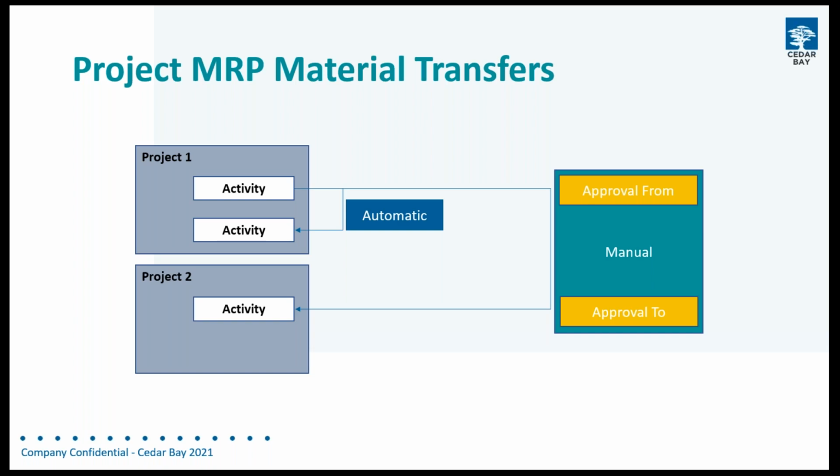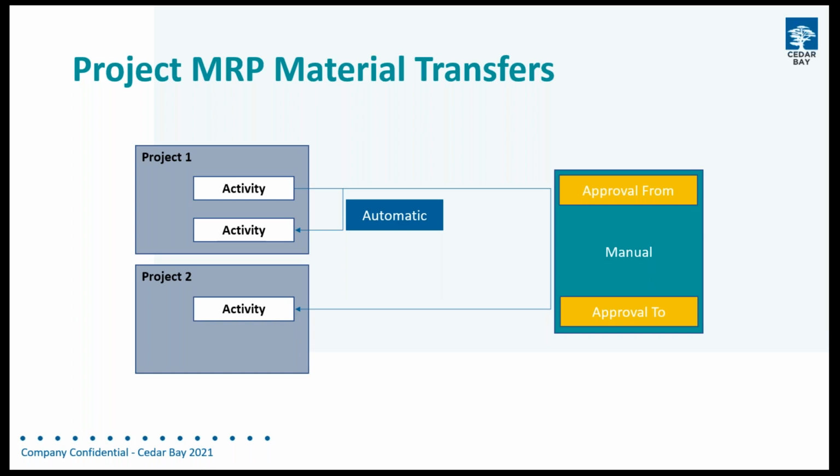This is just one way of setting it up, which says that if project MRP tells me to transfer material between activities, and it happens within the same project, then we're just going to execute that automatically. So we don't need to have any kind of approvals or monitoring of that event. What we'll do is we'll just move that inventory over as soon as it becomes available.